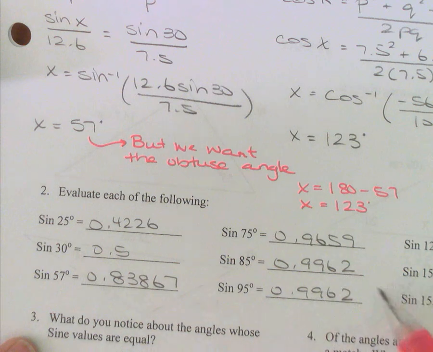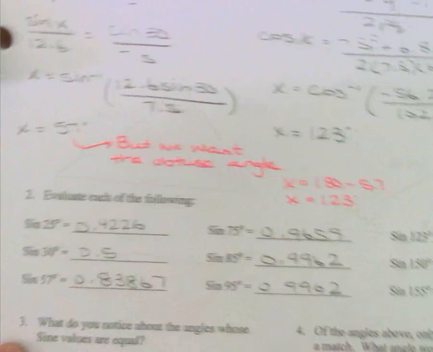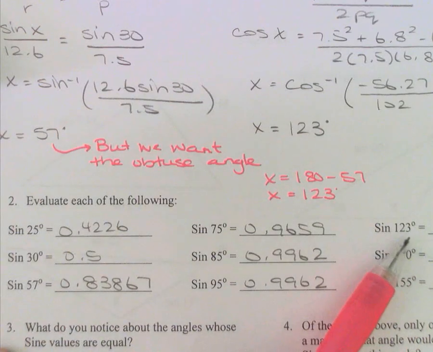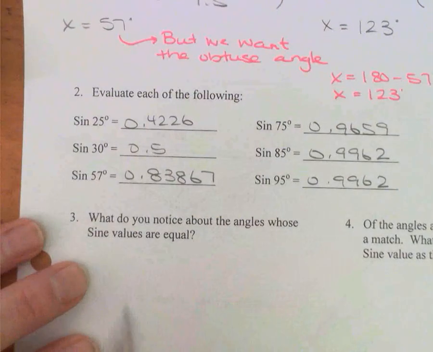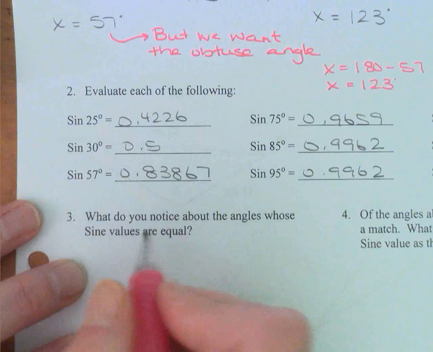Same thing here with sine of 85, sine 95. And then sine 57 and sine of 123 gave me the same answers. So what do you notice about the angles whose sine values are equal? Hopefully you noticed that they add to 180 degrees.